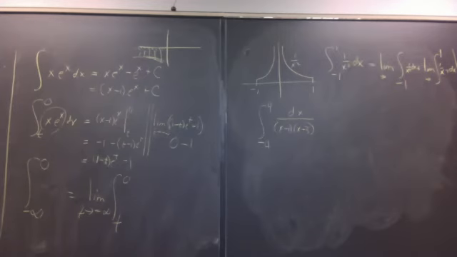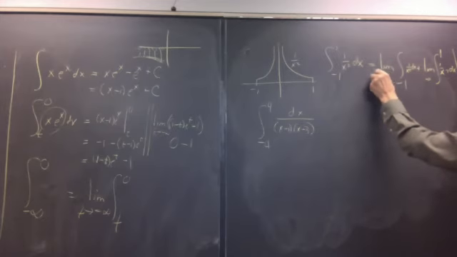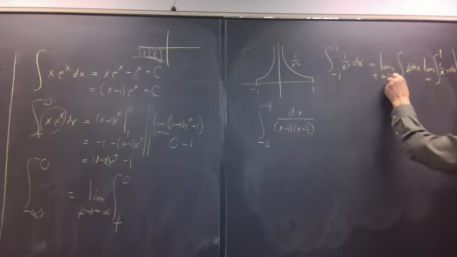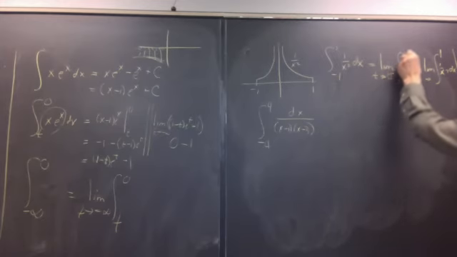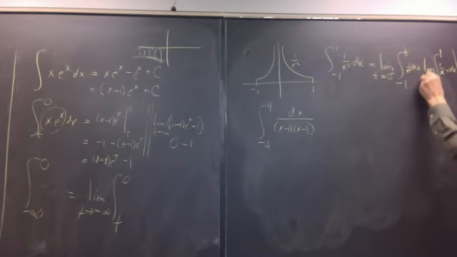The problem came at 0. So we want t to go to 0 from the left. And over here, we want t to go to 0 from the right. Does that make sense?